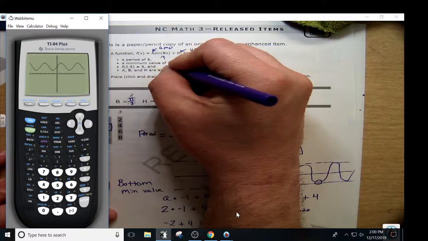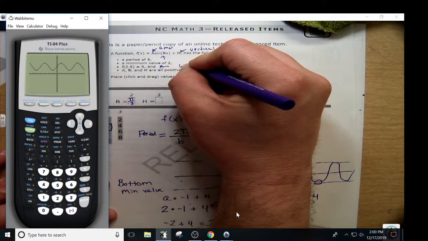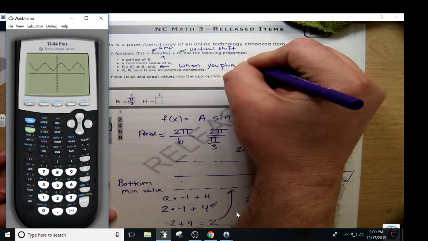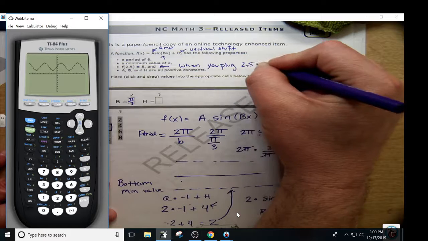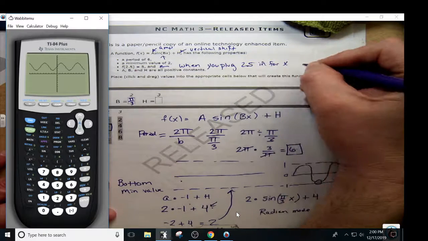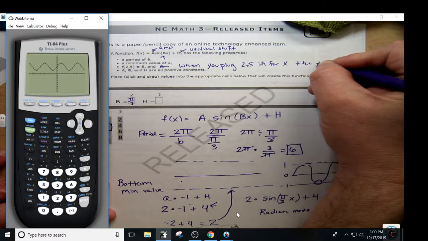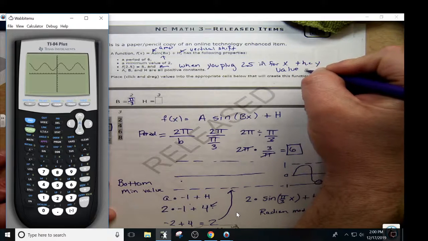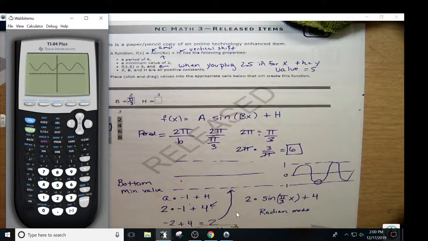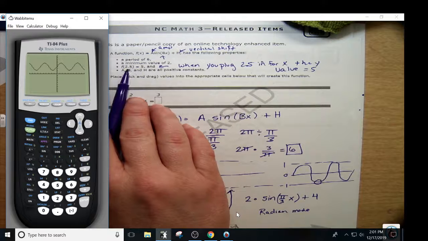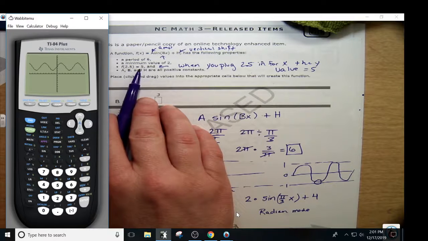So what this means is, guys, when you plug 2.5 in for x, the y value equals 5. Okay, so that's what that means. When I plug in an x value of 2.5, then the y value is 5. That's what it's telling me.